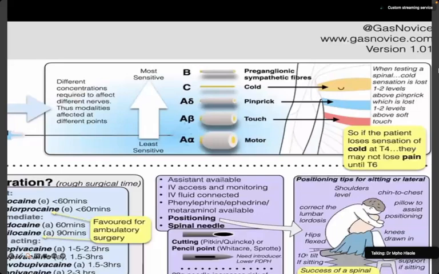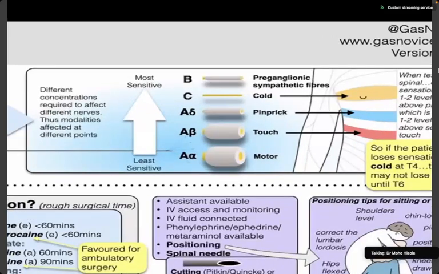So now you guys know that when the patient comes in pain and they still have motor activity, it doesn't necessarily mean your spinal is not working. It's most likely working because they don't have any more pain and your blood pressure is dropping. So you just need to give it time for those nerves to be blocked by the local anesthetic.